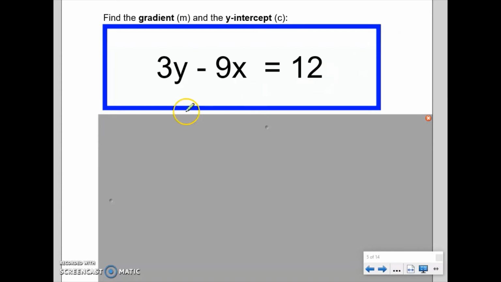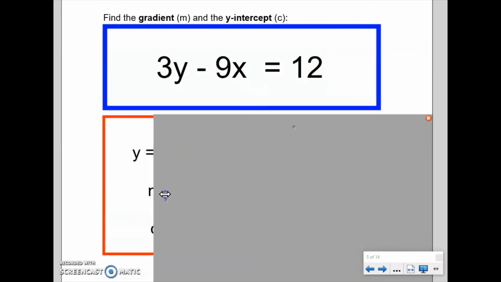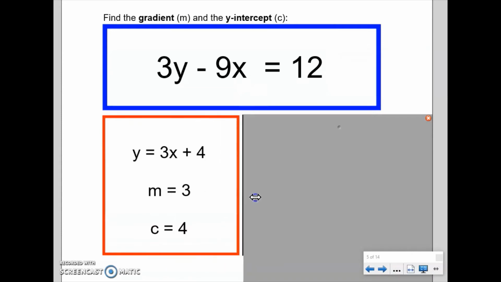Okay, welcome back. So this time we are not in the correct order. This minus 9x needs to be on the opposite side, but we're also dealing with too many y's. So everything needs to be divided by 3. So if we were to go ahead and divide everything by 3, then we would be left with a minus 3x here.